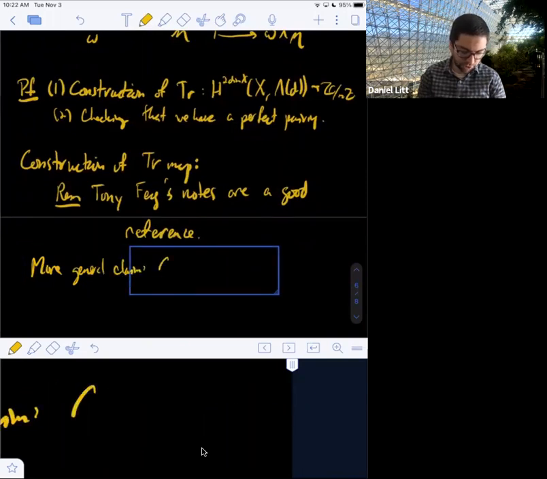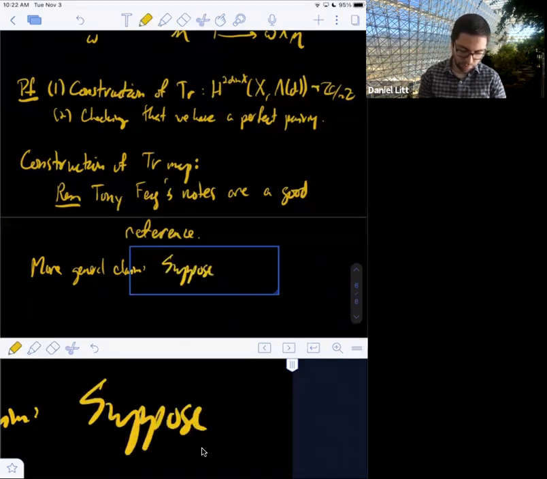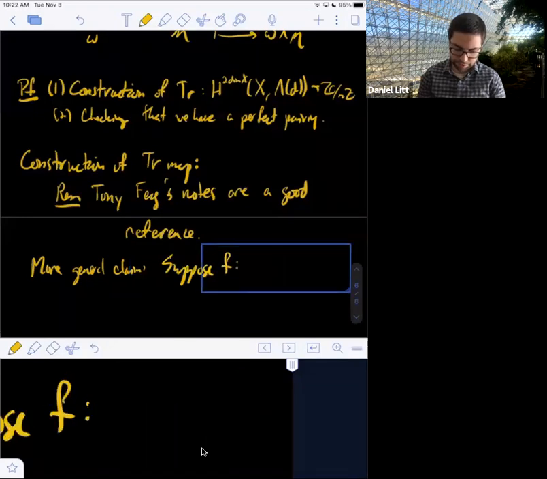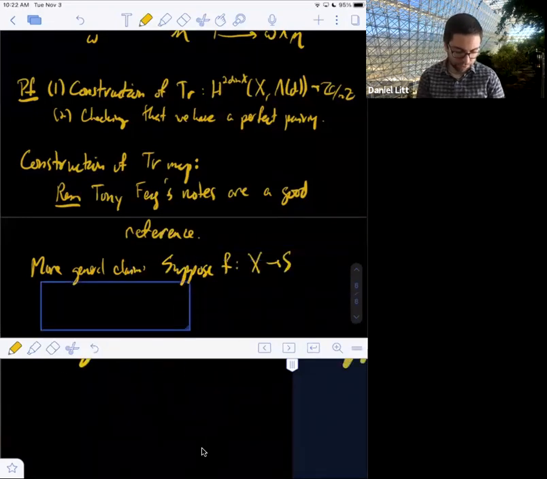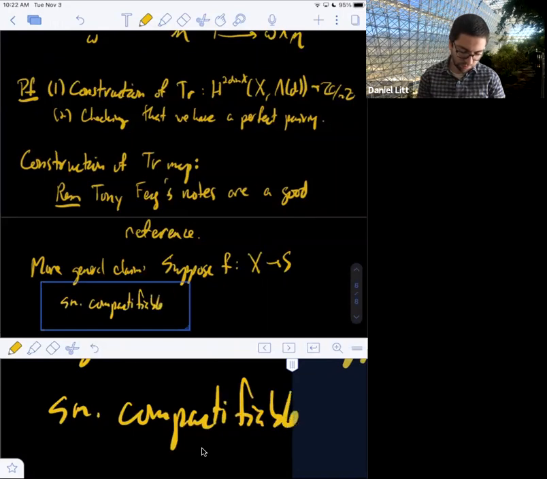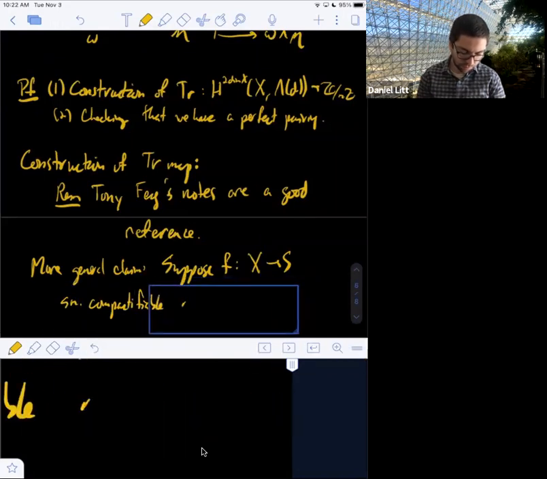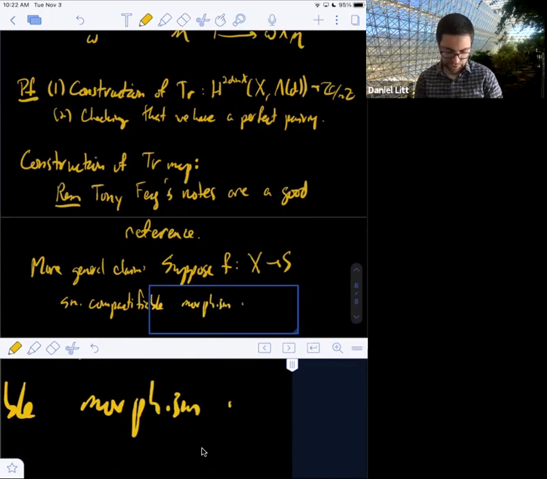So there's going to be a canonical map. Well, let me do the setup here. So suppose f from X to S is a smooth compactifiable morphism with geometrically connected fibers.